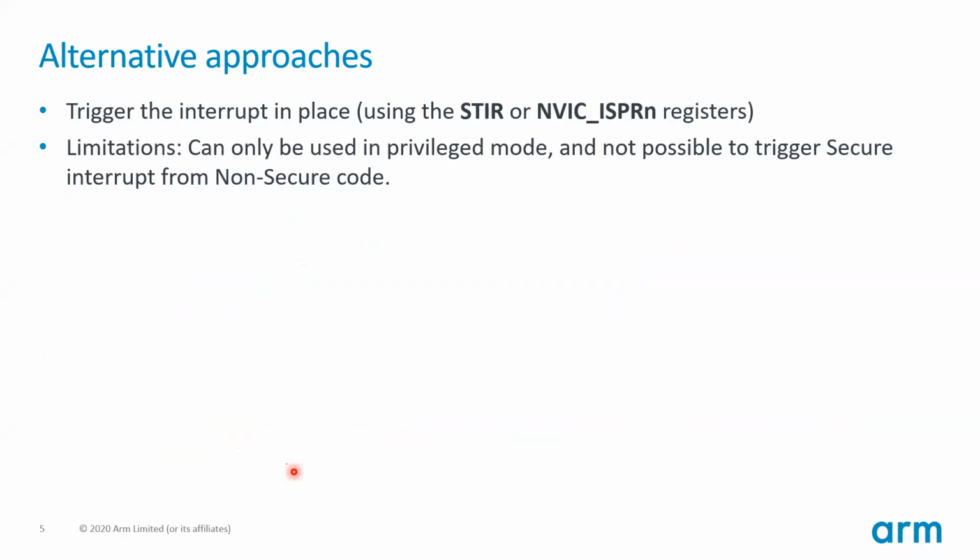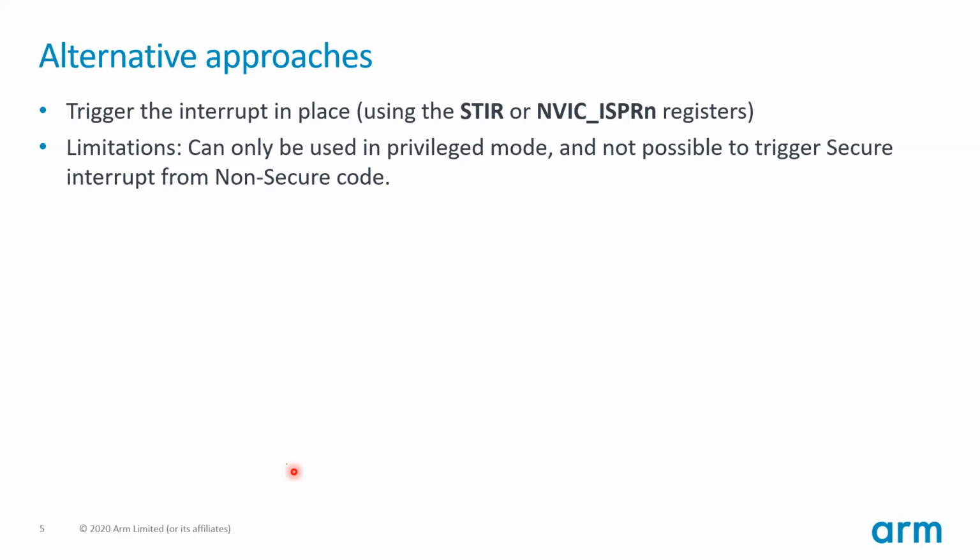There's a possibility to directly write NVIC registers from code. There is the software triggered interrupt register, STIR, and the other one is the interrupt set pending register. We could use these to generate an interrupt from certain points of code by simply writing to these registers, and the desired interrupt then goes to pending.